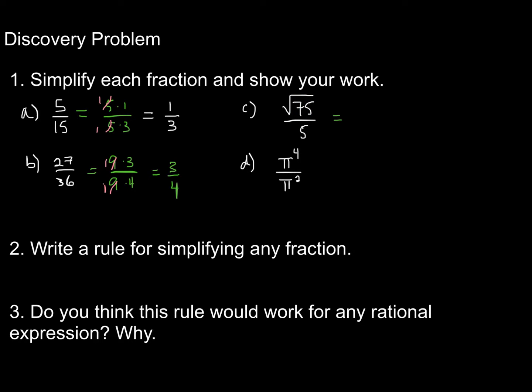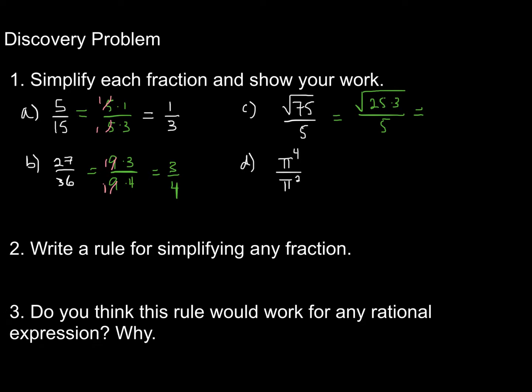Because I'm going to be taking the square root, I want to think about 25. So what can I multiply 25 by to get 75? Well, that's going to be 25 times 3. So I have the square root of 25 times 3 divided by 5.